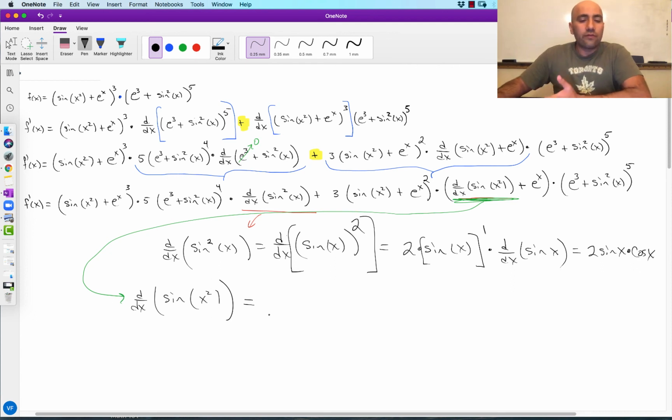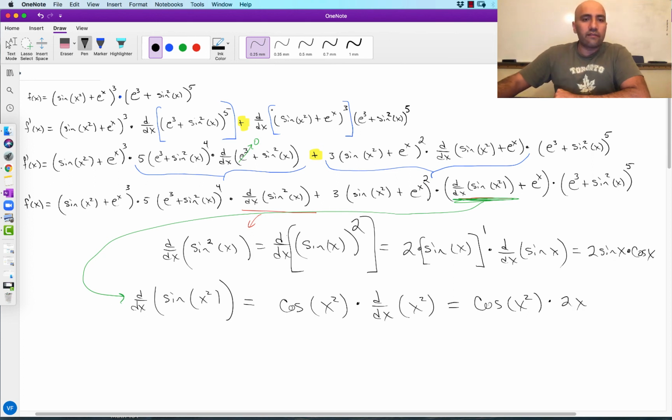It's the derivative of the outside function, which is cosine, so it'll be cosine of x squared times the derivative of the inside, the derivative with respect to x of x squared. So I'll end up with cosine x squared times 2x. So you see you get very different derivatives.